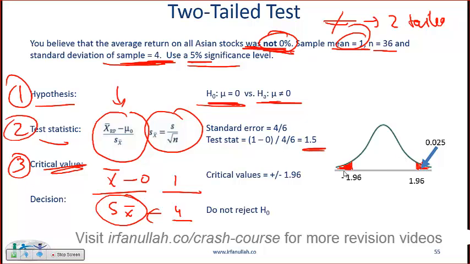Let us say that, based on this, the critical value is minus 1.96 and plus 1.96. All right, then how do you decide whether to reject the null hypothesis or not? If the test stat is in this range, then you do not reject the null hypothesis. Had it been higher than 2 or less than -2, then you would reject the null hypothesis.